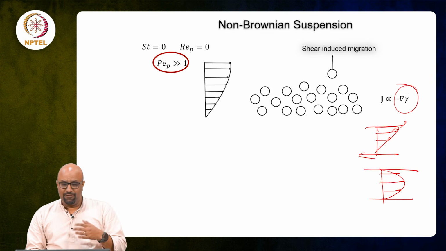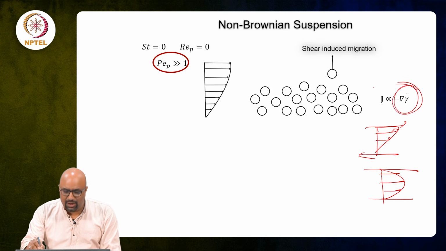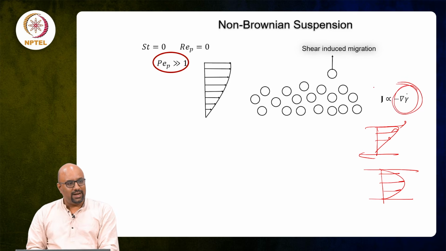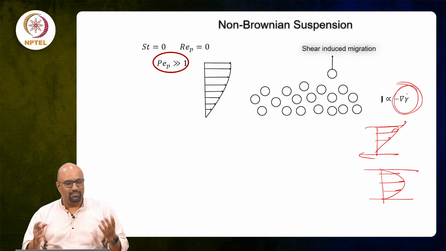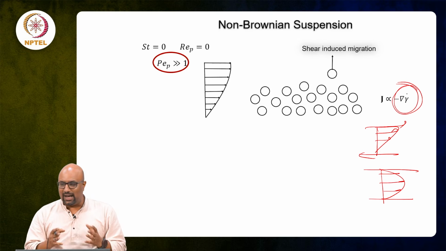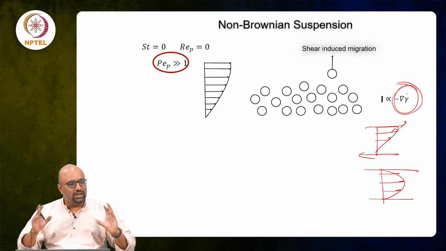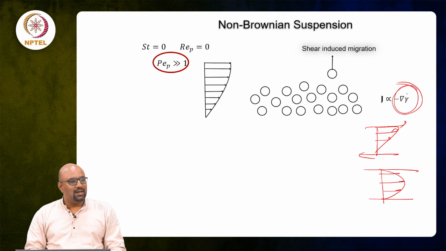So, when you have non-uniform shear flows, the gradient of shear rate creates a particle flux. This is basically the phenomenological way by which Leighton, Akrivos, Phillips, and many others argued that there is a shear induced migration occurring in this system.